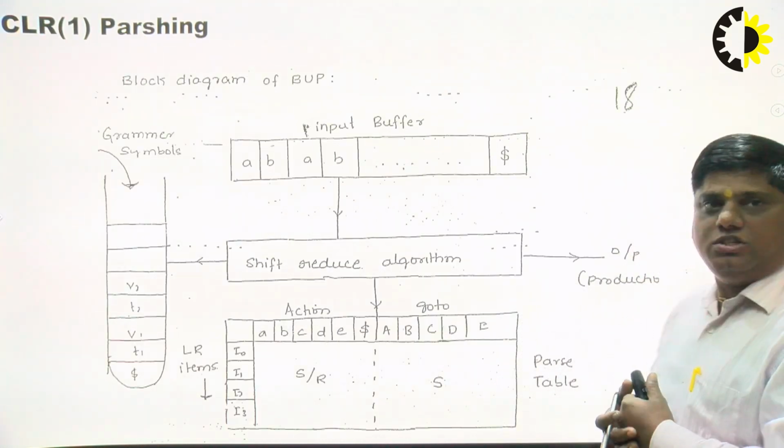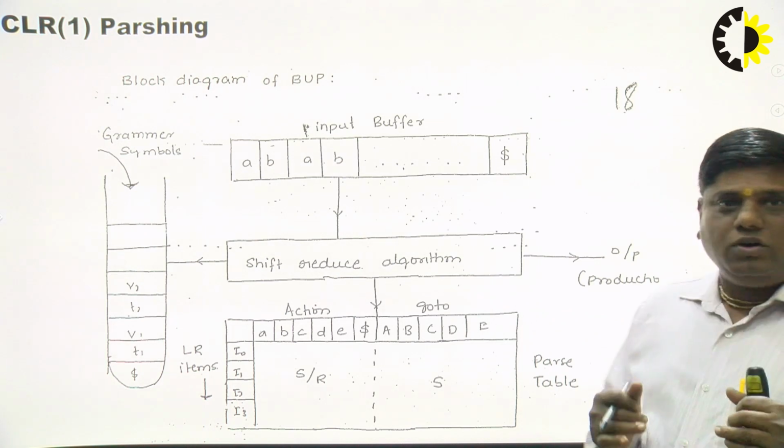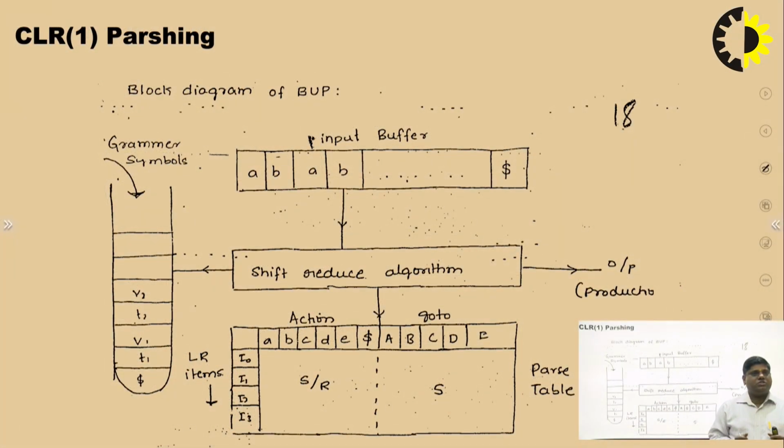This is the basic structure of CLR parsing. In all bottom-up parsing, the basic structure of LR parsing, either SLR parsing or CLR parsing, is the same. There is one input string in any kind of parsing, and one algorithm is used in any type of parsing.